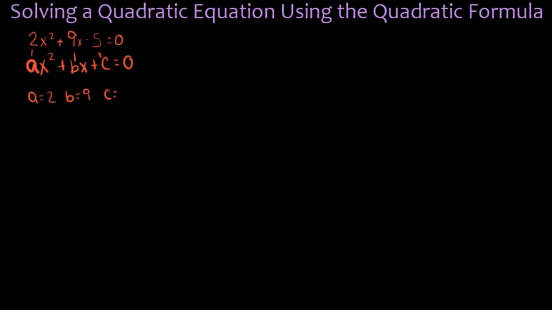So they're all positive, but in our equation, right here, we have a negative number. So it's negative 5. Always remember to look at your signs because that can mess everything up.